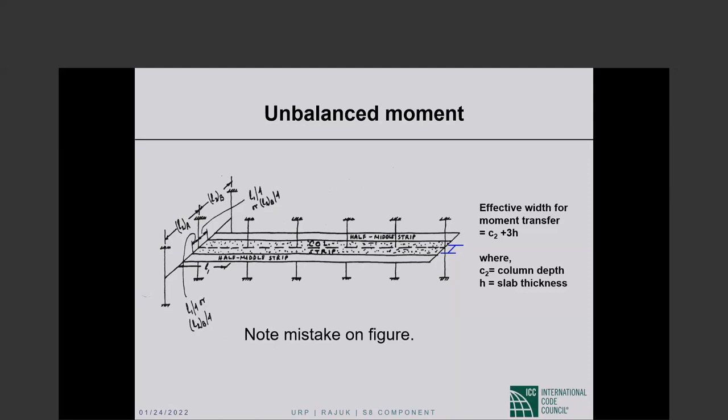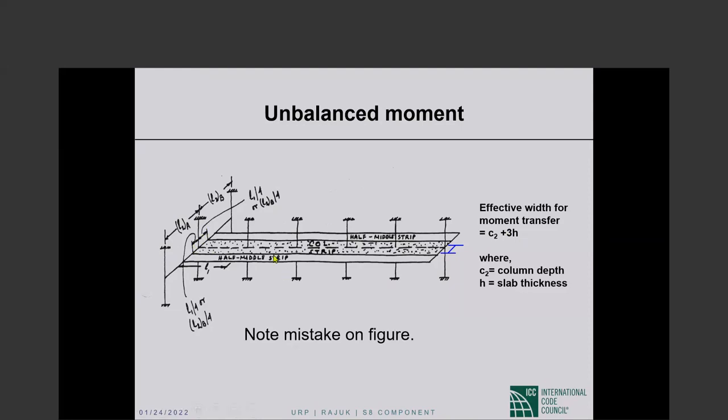It's not called that in 318. It must be placed within a narrow moment transfer band. This is what ACI is calling the effective width, the width of which is the column dimension in this direction, C sub 2, plus 1.5 times slab thickness on either side, for a total of C sub 2 plus 3h.